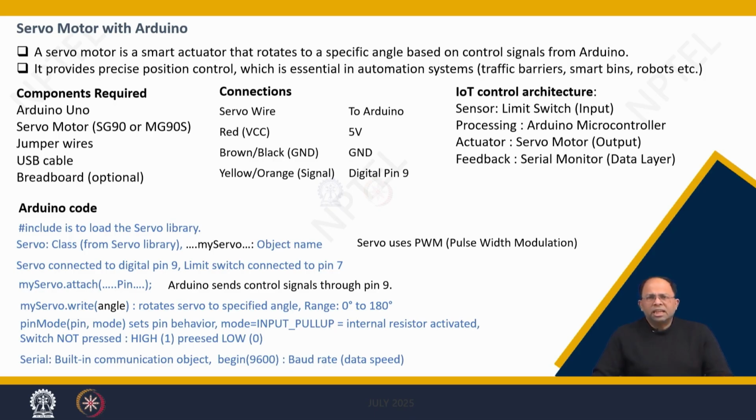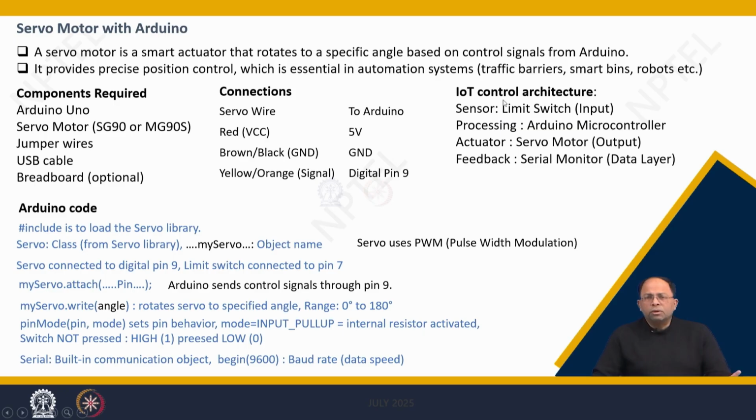For the connections, there are several wires coming out from the servo motor. There will be a red wire for VCC, which connects to the 5-volt line from Arduino. Then there will be a brown or black wire which will be connected to ground in Arduino, and then there will be yellow or orange, which is the signal line, and that will be connected to digital pin 9 in this example.